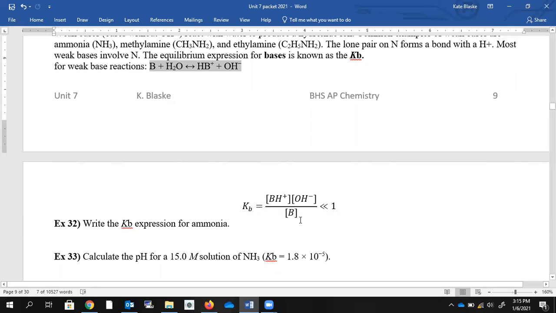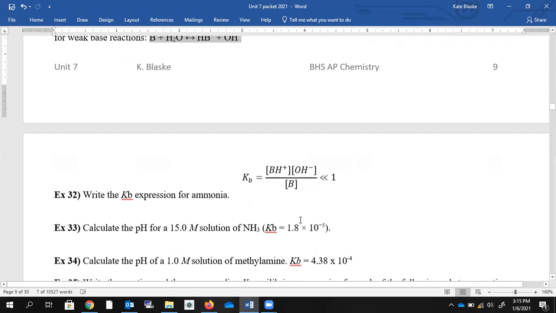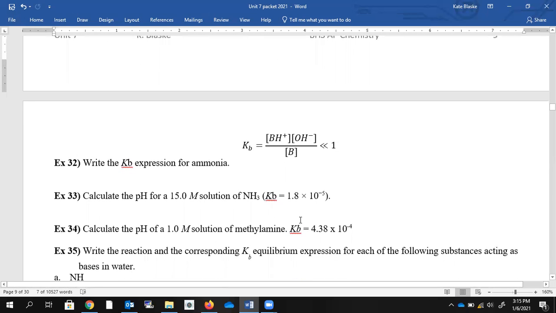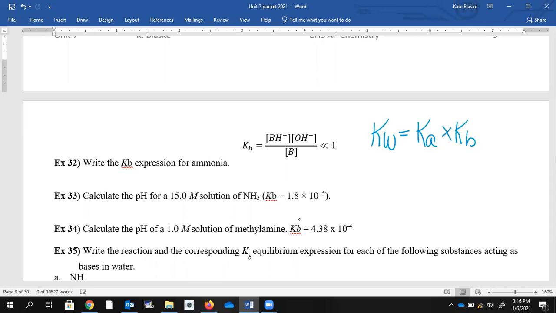Again, these Kb values should be small because these are weak bases. They are not going to produce much product. They're going to have much more reactant concentration than product. Calculations work out the exact same way. Another interesting thing is that, just like the concentrations of H plus and OH minus, the Kw comes into effect here, where Kw equals Ka times Kb.